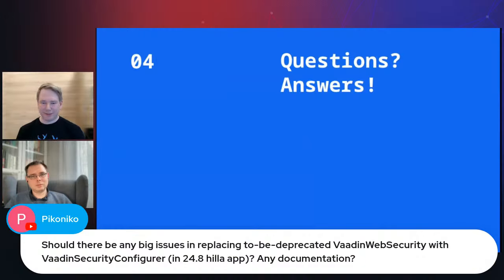Let's take this one. So, talking about deprecations, can you elaborate on this one? It's very hard to make any blanket statements. It depends on how you have been using Vaadin Web Security, but for all the basic, most common use cases, there's a direct corresponding way of doing things with Vaadin Security Configurer.